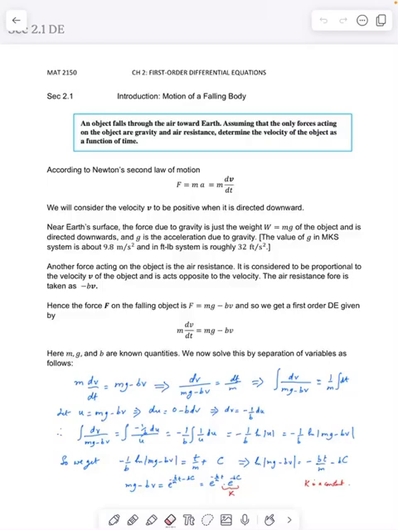So we can write it as F is equal to m times dv by dt, where dv by dt is equal to a, the acceleration. Note here that the force will be directed downwards because the velocity is acting downwards.